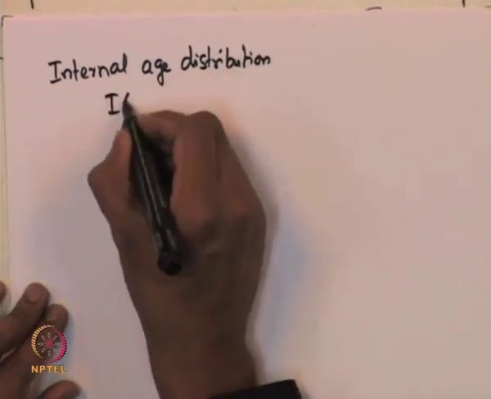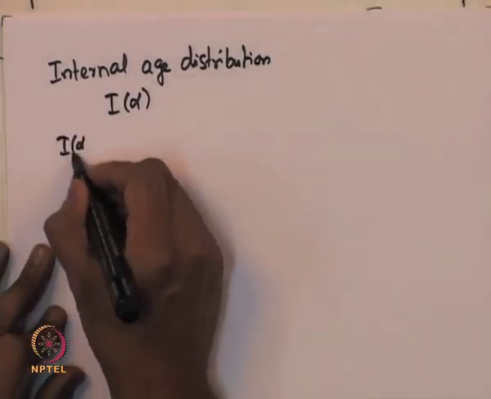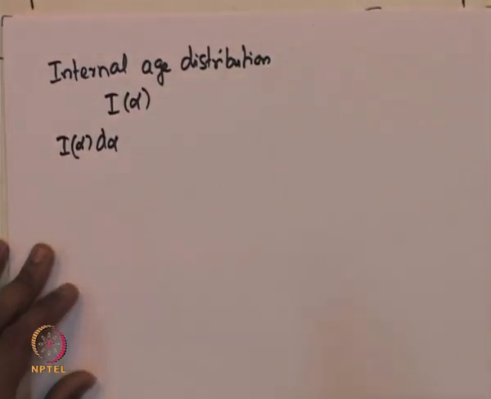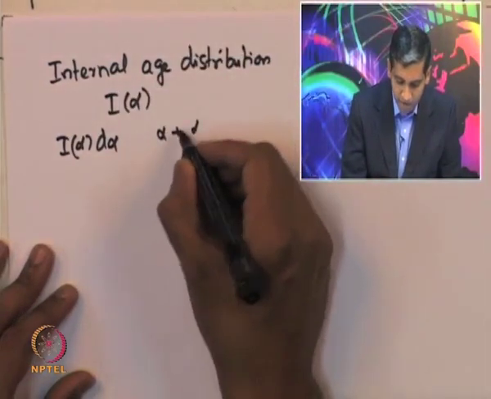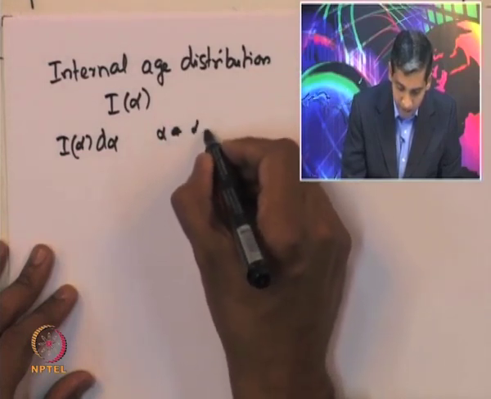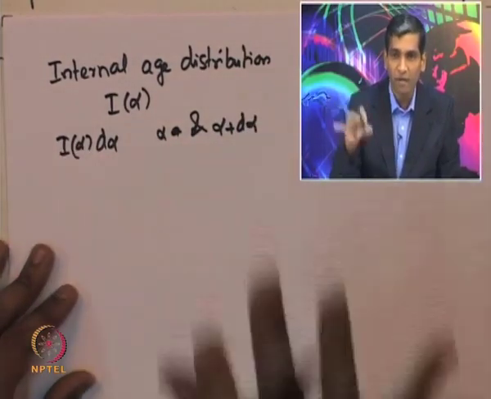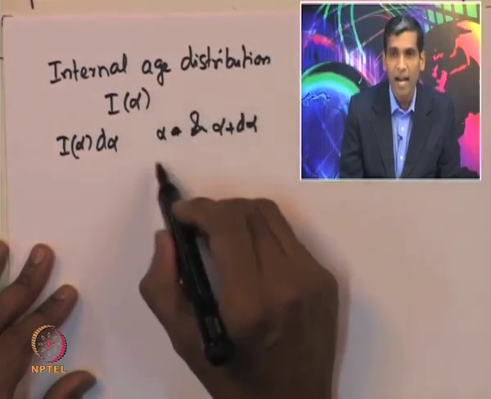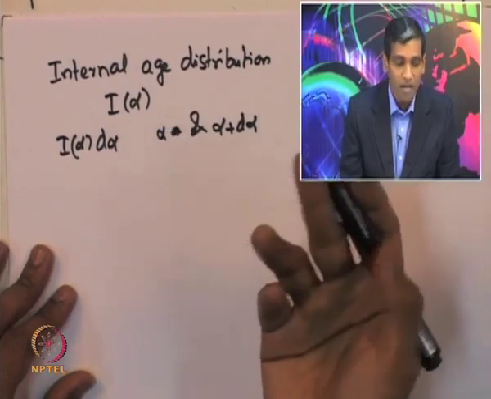The symbol that is commonly used is I of alpha, where I of alpha d alpha represents the fraction of the material present inside the reactor whose period of residing inside lies between alpha and alpha plus d alpha, in that small interval.